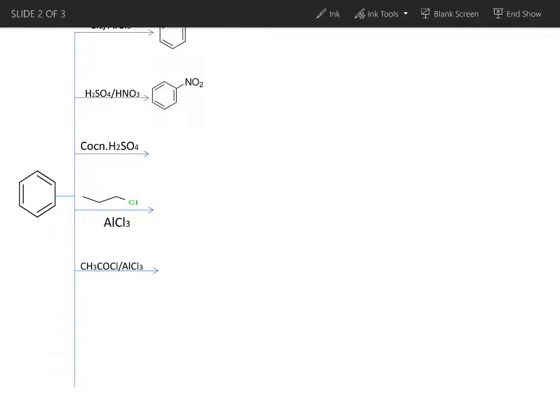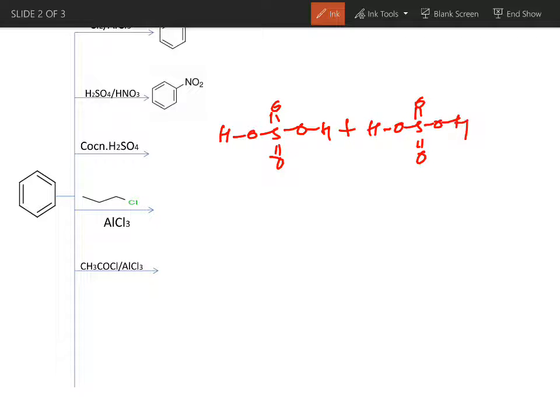So the product of the second reaction is nitrobenzene. In the third reaction, benzene is reacting only with concentrated sulfuric acid. Here 2 moles of concentrated sulfuric acid react with each other. One of them acts as an acid and the other acts as a base.